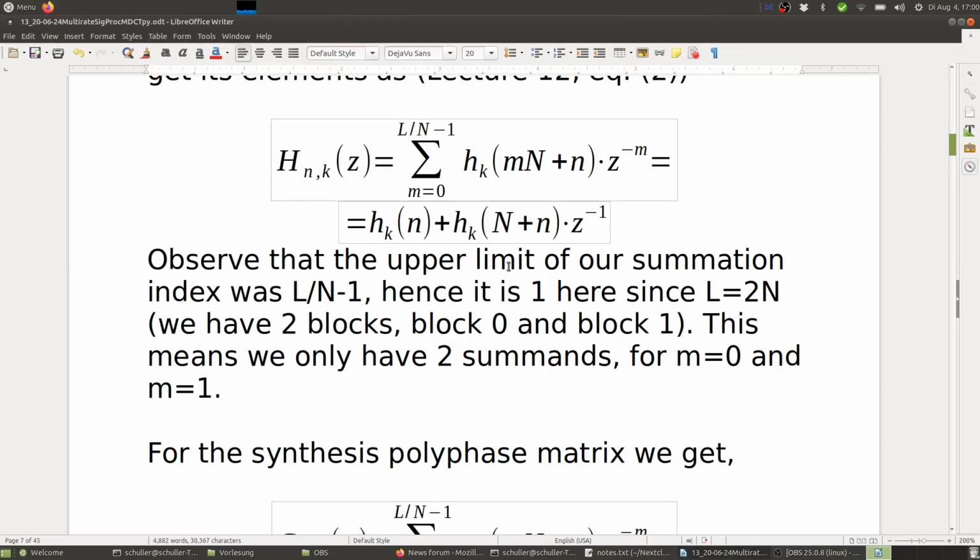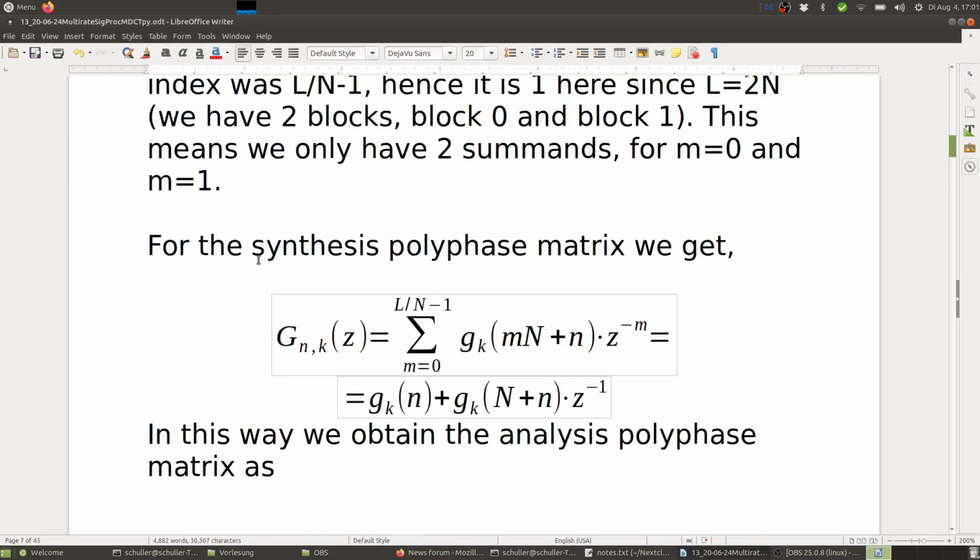Observe that the upper limit of our summation index was L divided by N minus 1, and L now is 2N, so we have 2 minus 1 equals 1, so that's why we just have 2 entries here. Hence it is 1 here, since L equals 2N, so we have 2 blocks, block number 0 and block number 1. This means we only have 2 summands for m equals 0 and m equals 1 here.